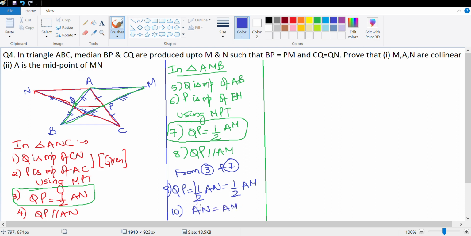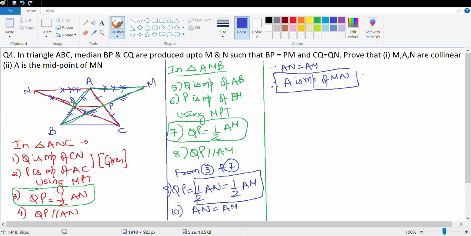If I look at these two, half of AN is equal to half of AM, which means AN and AM are equal. What does it tell me? That A is the midpoint of MN. So since AN is equal to AM, therefore A is midpoint of MN. That's the second part that they wanted us to prove. I've already done the second part, but the first part is remaining. Let's see how we can get it.